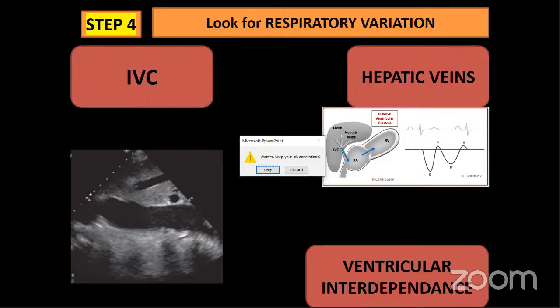Go back and read about ventricular interdependence in tamponade physiology, and also the phasic variation, the D wave, diastole and down, in hepatic vein morphology when you put your pulse wave Doppler. These are the two things you have to read extra about. Otherwise, everything else is basics that we usually do in the ED.